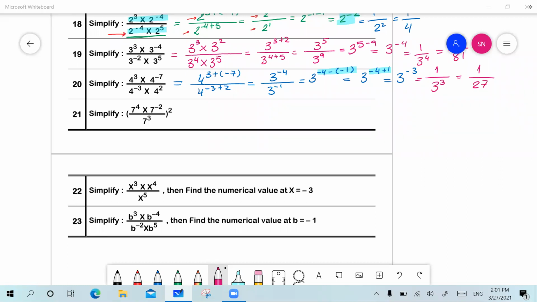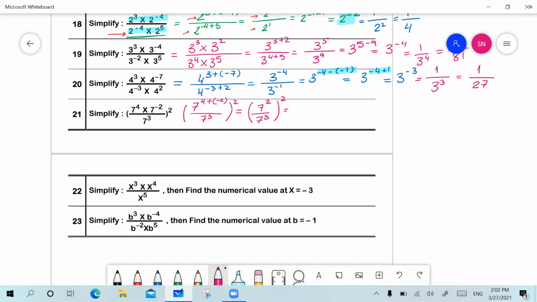Ali? 7 to the power of 4 plus -2 over 7 to the power of 3, all raised to the power of 2. Wait a second, you'll do it on each step by itself. So now you will have 7 to the power of 2 over 7 to the power of 3, all raised to the power of 2.